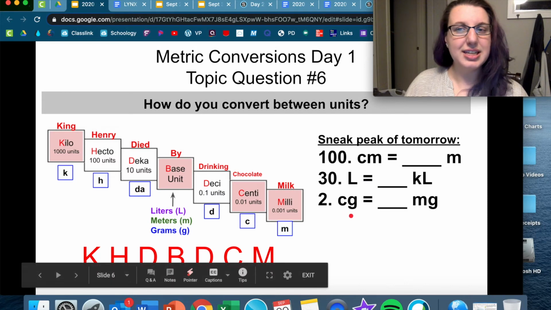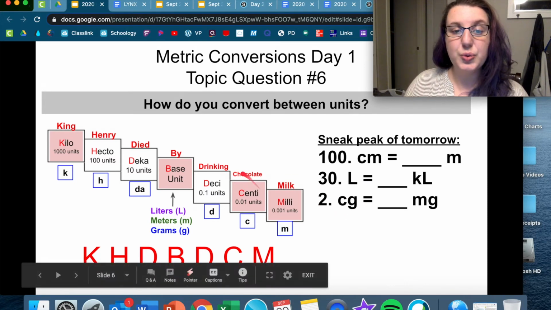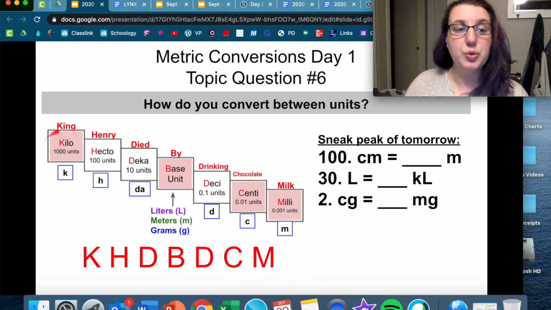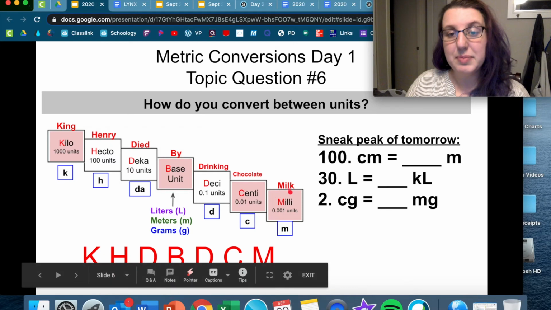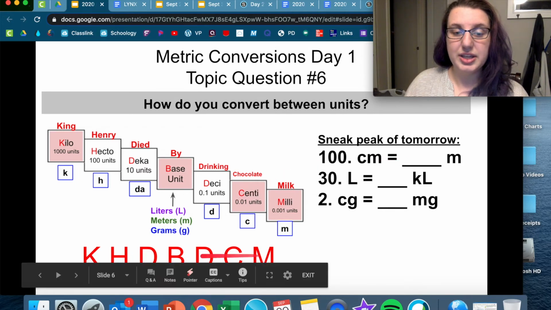Just a sneak peek at what we're looking at tomorrow: converting between these different units, like going between kilogram and milligram. For this first one, 100 centimeters equals how many meters? The super nice thing is that you could use King Henry died by drinking chocolate milk, and you know that C is centi.